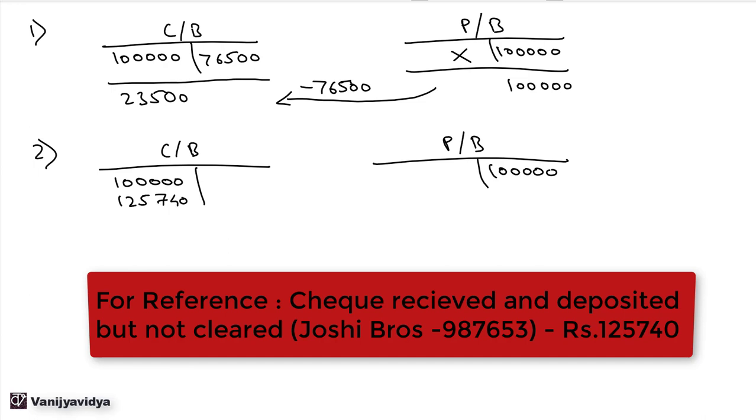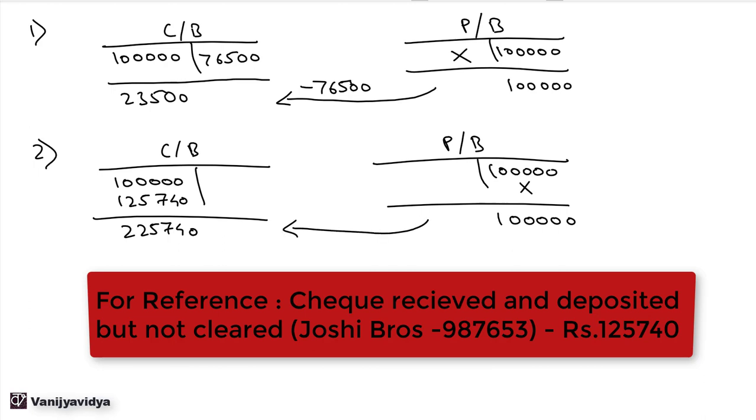But the same is not recorded in the passbook. So no entry in the passbook. The balance in the cash book becomes 2,25,740. Balance in the passbook is 1 lakh. Now we are moving from passbook to cash book. So we have to add 1,25,740 in the bank reconciliation statement.